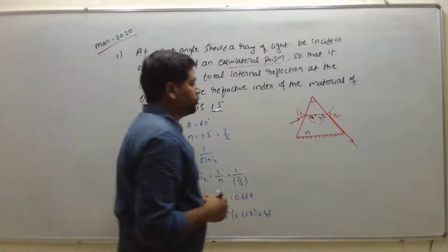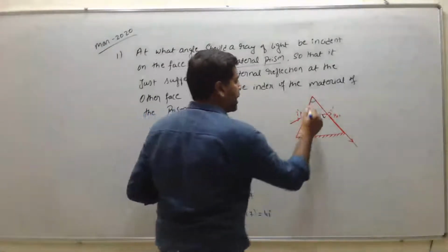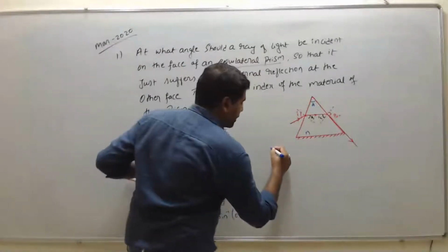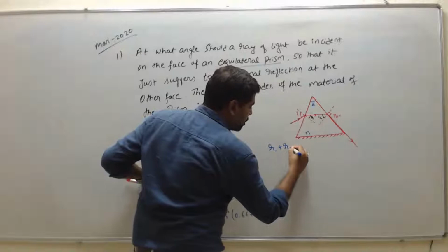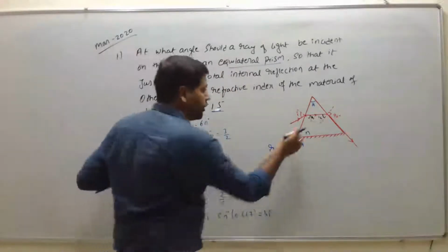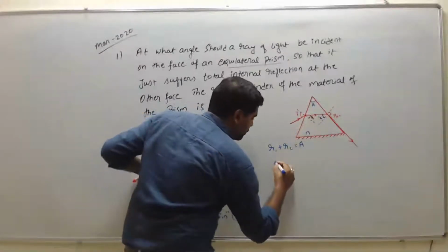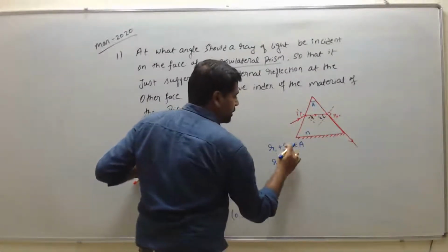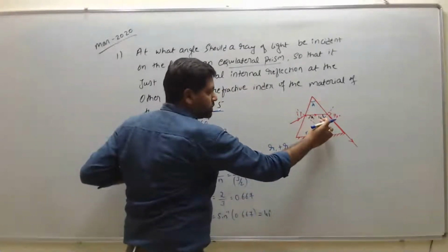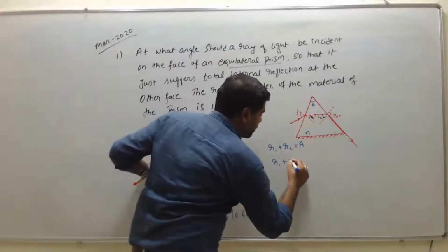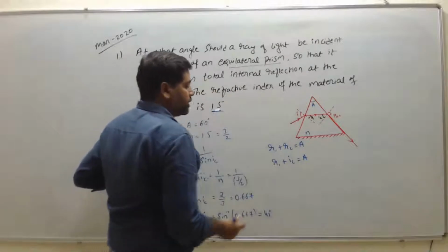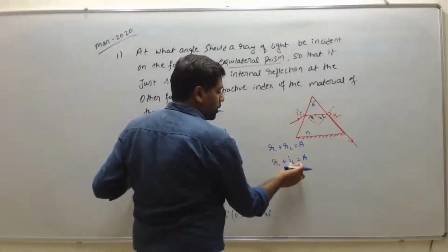So this is the angle of the prism. While doing the derivation, we get the relation r1 plus r2 is equal to the angle of the prism. Here we don't know the value of r1, so in place of r2 we have iC: r1 plus iC is equal to A, since we took r2 as iC.